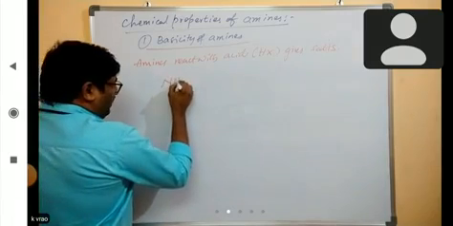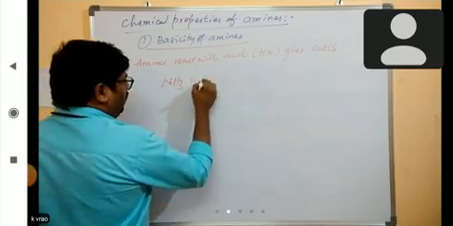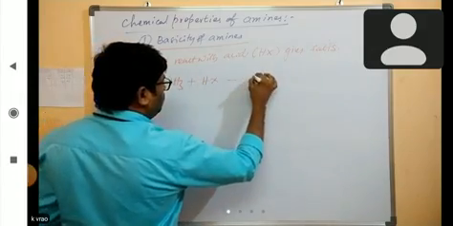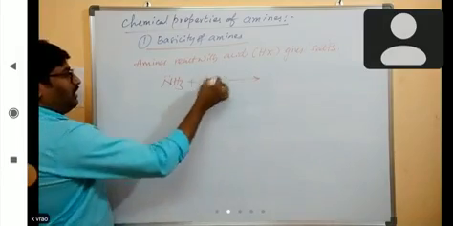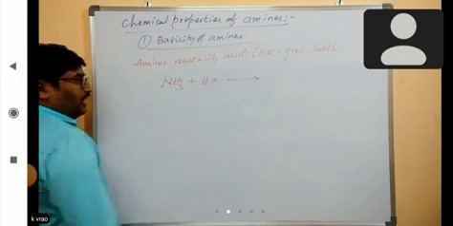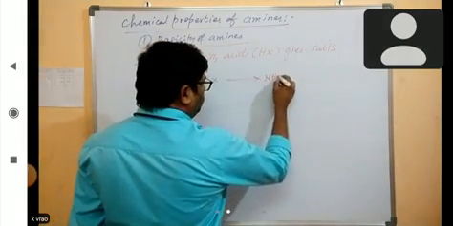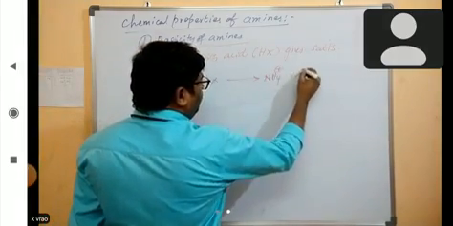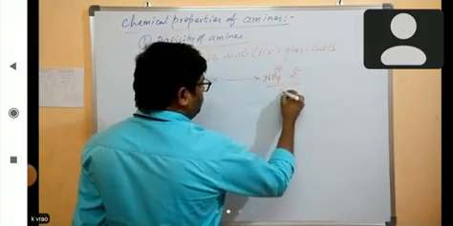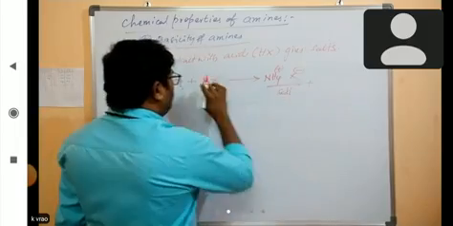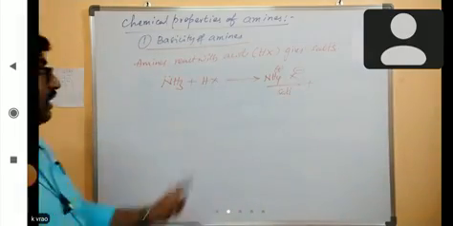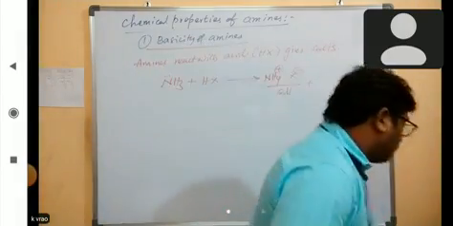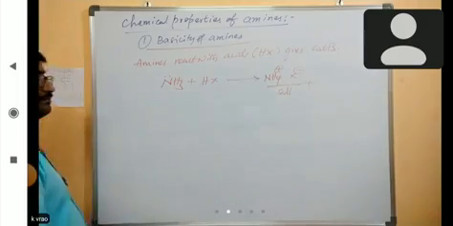First, I am taking NH3, ammonia, plus HX. Ammonia is the Lewis base, and here HX is the acid. It gives NH4 plus and X minus. This is called the salt. You won't get water here because it is HX only.